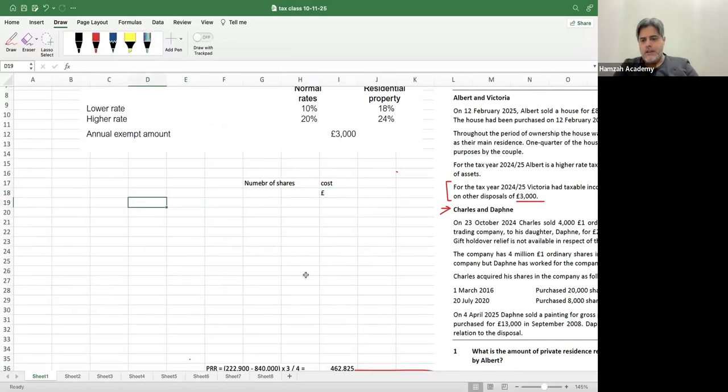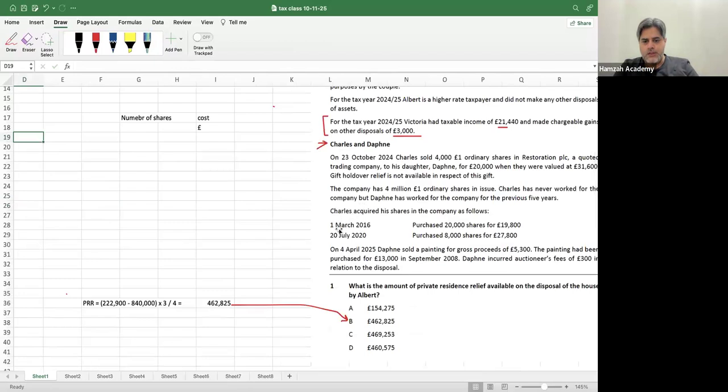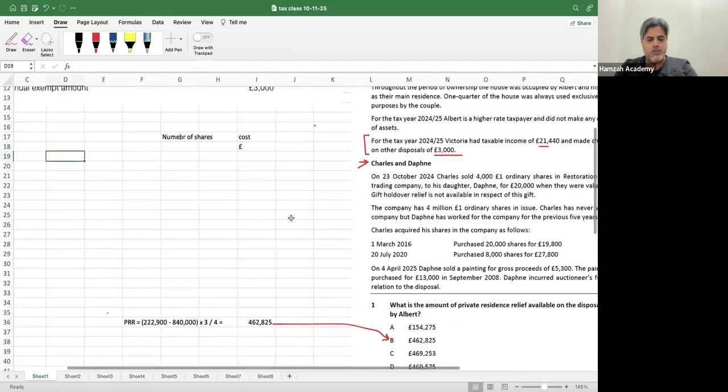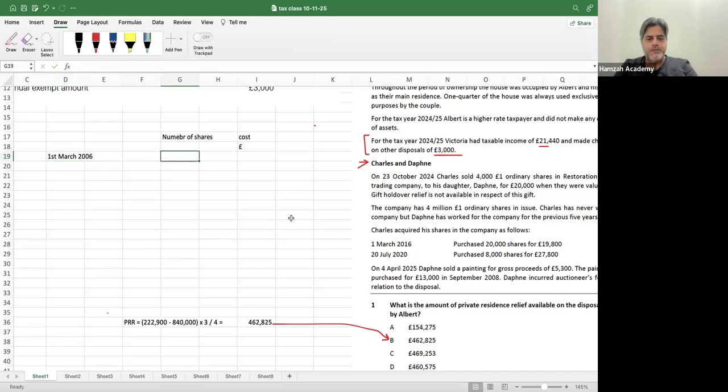First thing first, if we look over here, Charles acquired the shares. So on 1st March 2006, he purchased 20,000 shares for 19,800. Then he purchased on 20th July 2020 further 8,000 shares for 27,800.